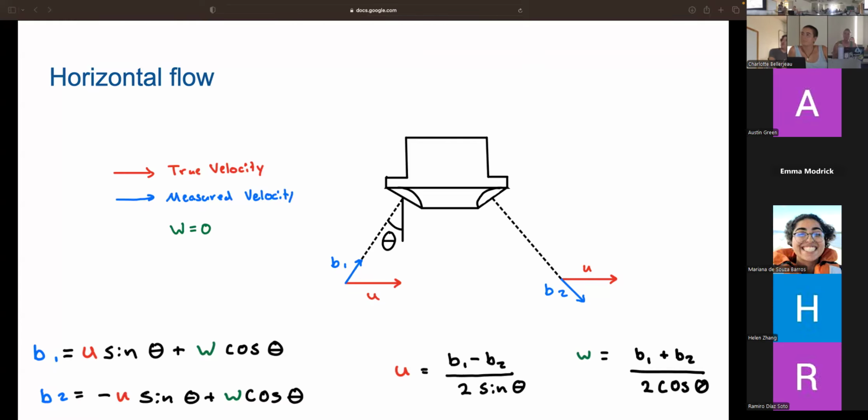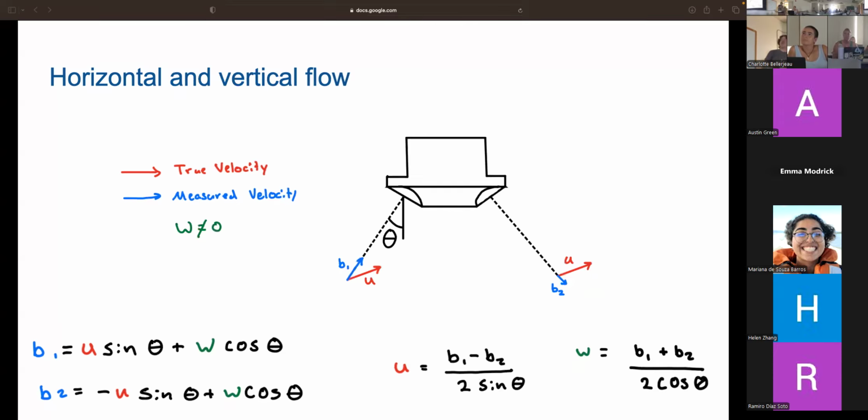If we don't have a purely horizontal flow and you put in a vertical component, solving for this becomes a little more difficult. That middle beam is really good at directly measuring the vertical velocity, which is going to be pretty small, just because it gets no horizontal components at all. It makes that whole bit a little easier, but again, this is all just a system of equations. You have 2 measurements, 2 unknowns.